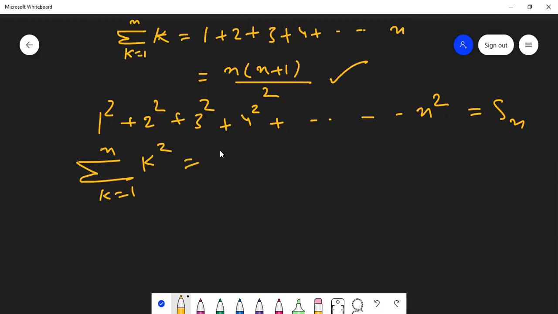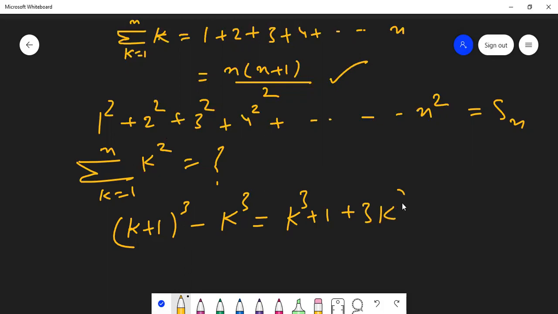So to find this, let's consider this identity, k plus 1 cube minus k cube. Can we get the term of k square so that we could plug in some values and get some quantity like this? So it is k cube plus 1 cube, that is 1, plus 3k square plus 3k, and minus k cube.